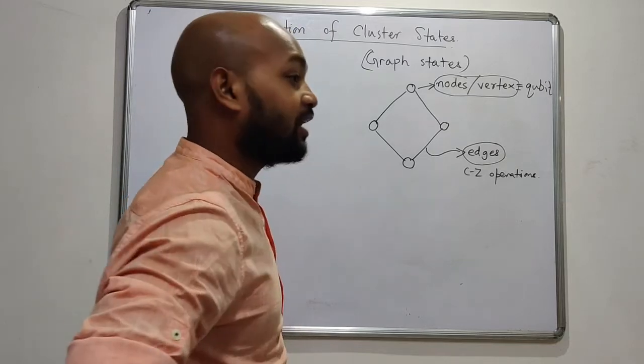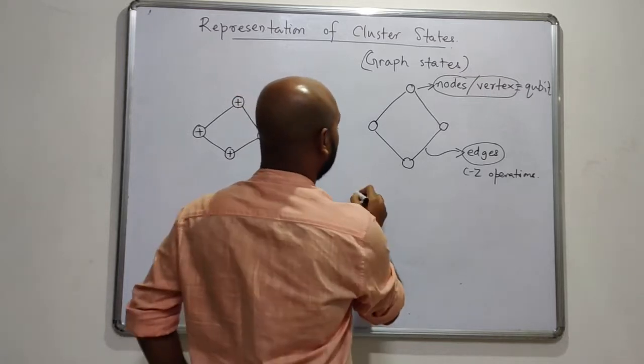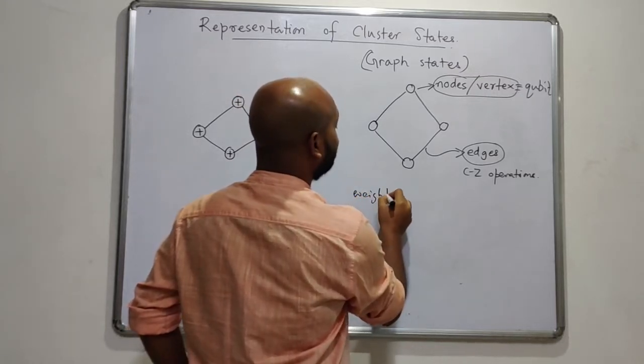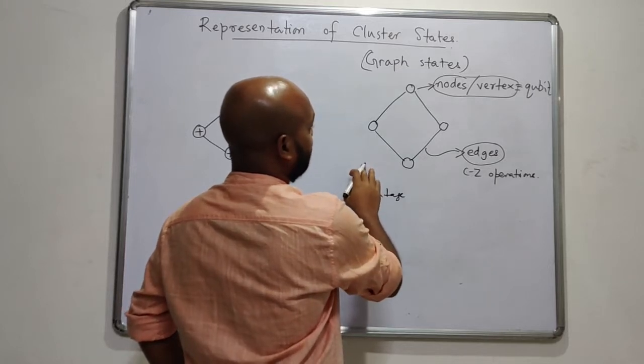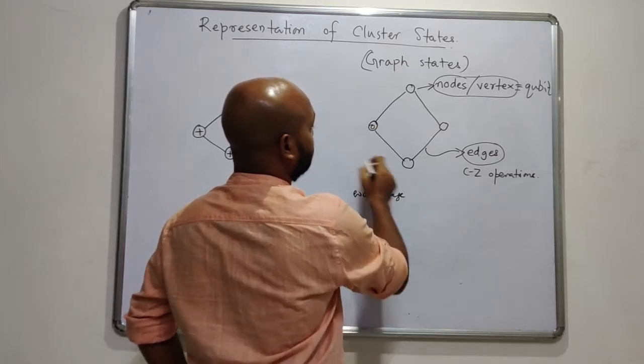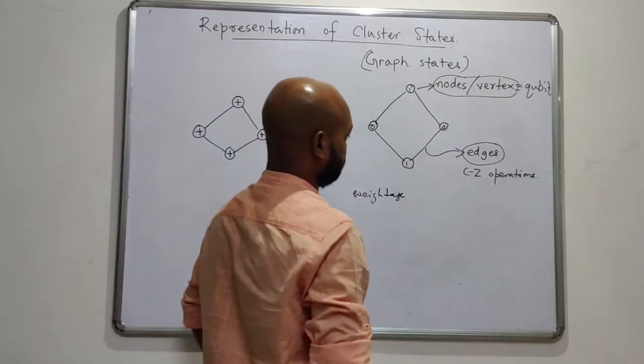Also, many times we talk about the weightage of these edges. So we give certain weightage to particular edges. Suppose this state is 0, this state is 1, this state is 0, this state is 1. I'm just reducing.